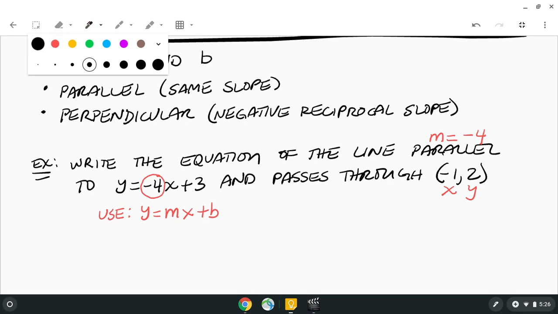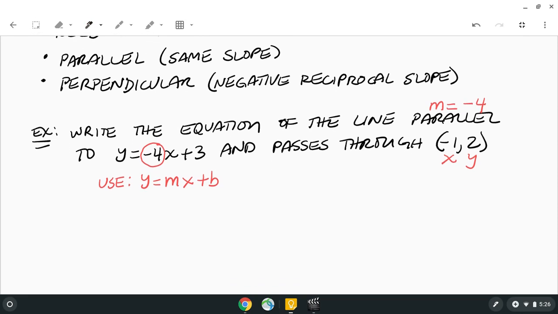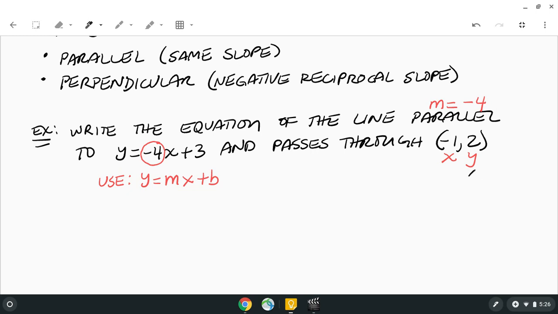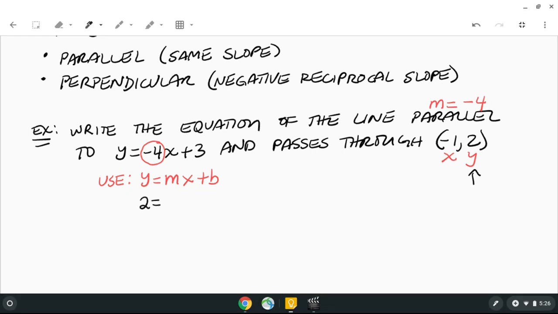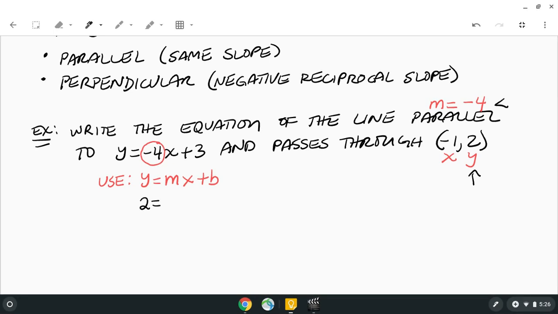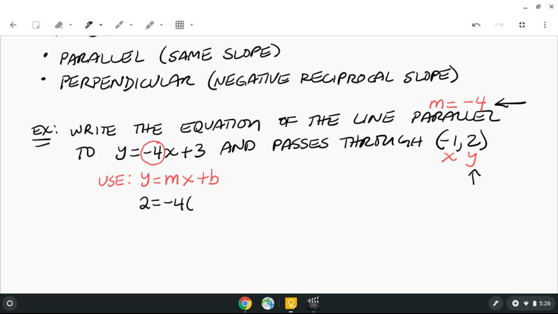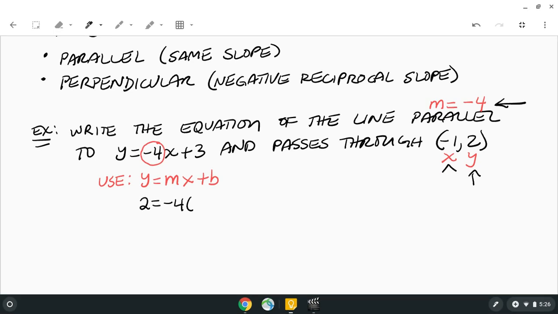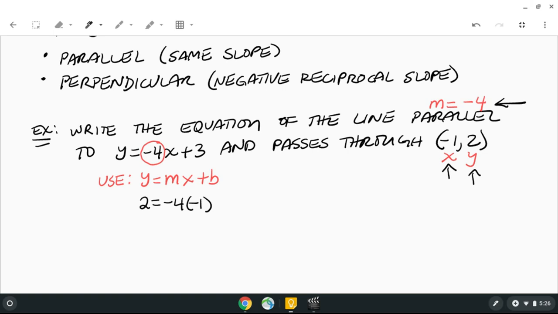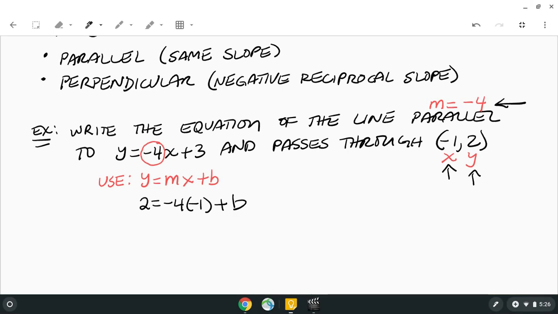All right, so let's go ahead and do that. Our y value is 2. Our slope is negative 4. Our x value is negative 1. And we don't know what b is, but we're going to solve for it.